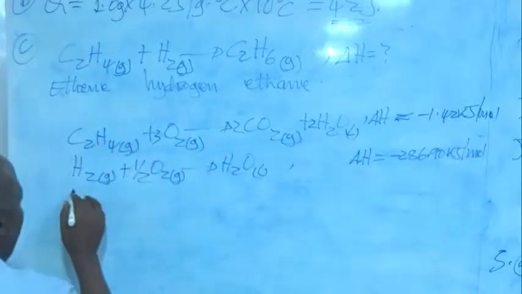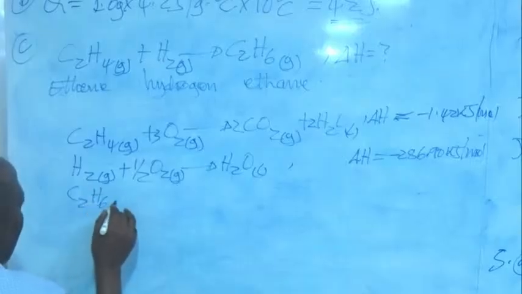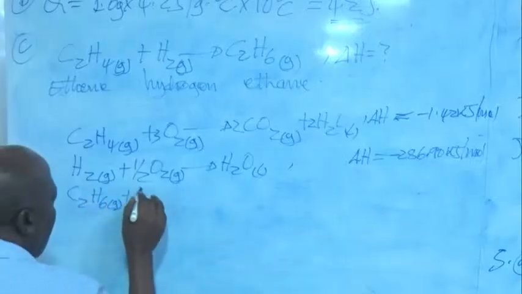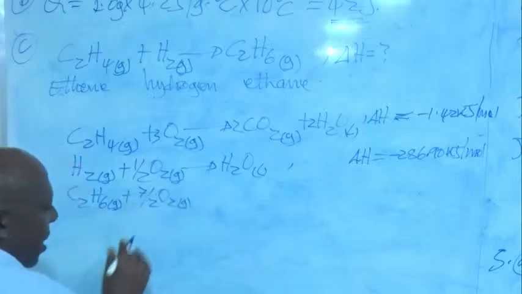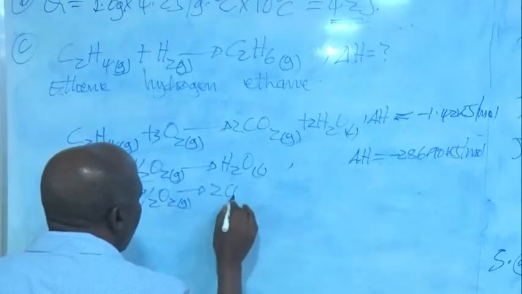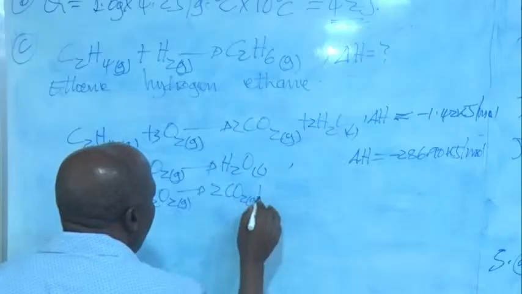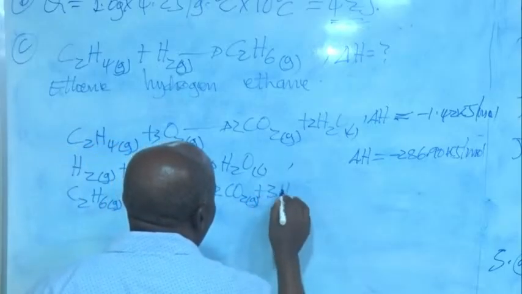And then the last one is the combustion of ethane gas, plus 7/2 oxygen gas, that is 3.5 moles. Then you get 2 carbon dioxide moles plus 3 water molecules.